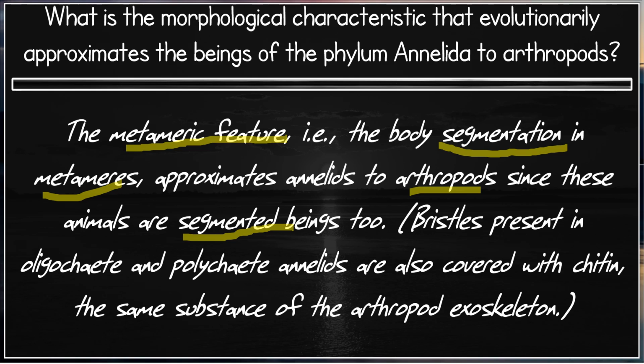Bristles present in oligochete and polychete annelids are also covered with chitin and some substances of the arthropod exoskeleton.